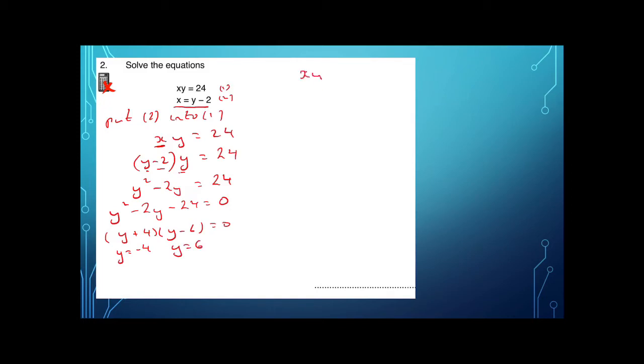Okay, I'm going to use xy is equal to 24 to find, actually no, I'm not going to use that. I'm going to use x is equal to y minus 2 to find the x values. So when y is negative 4, x is equal to negative 4 minus 2, x is equal to negative 6.